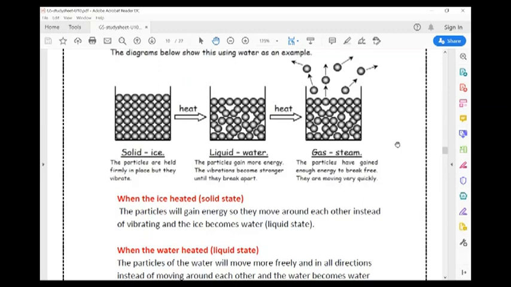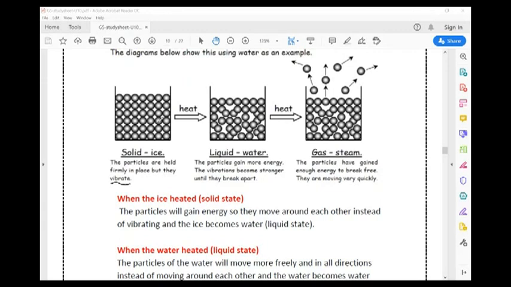Let's start from solid. When the solid, or the ice, gains heat energy or increases in temperature, the particles are held firmly in place, but they vibrate. The speed of the solid particles starts to increase.